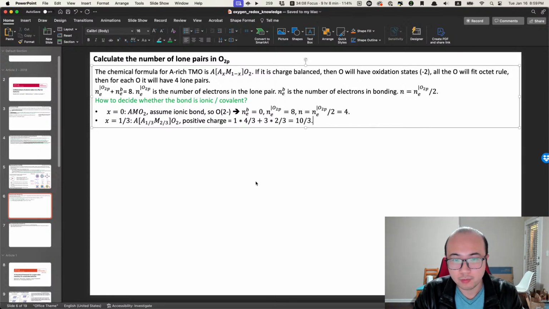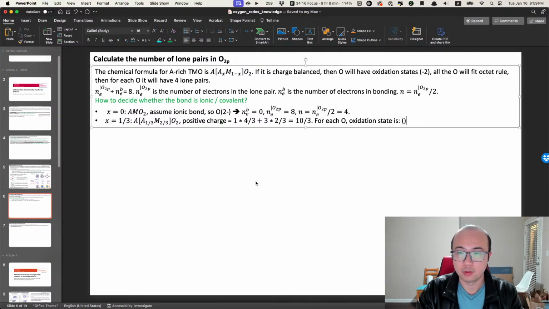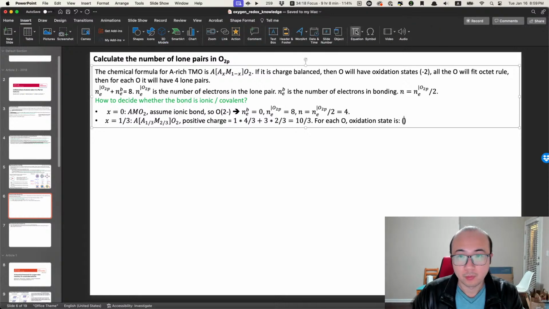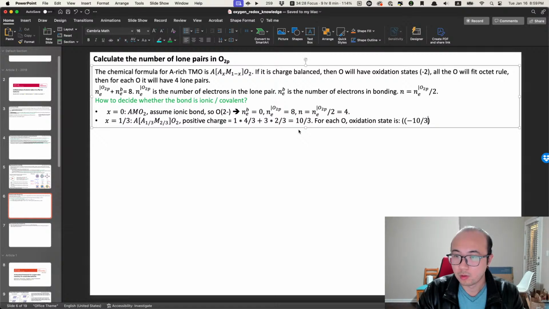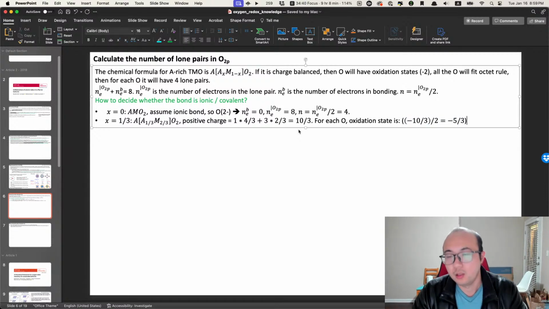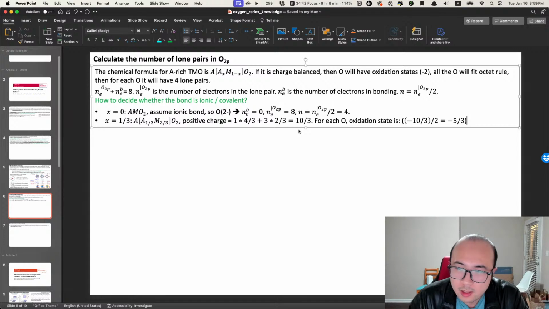And negative charge: for each oxygen, the oxidation state equals minus this, minus this.